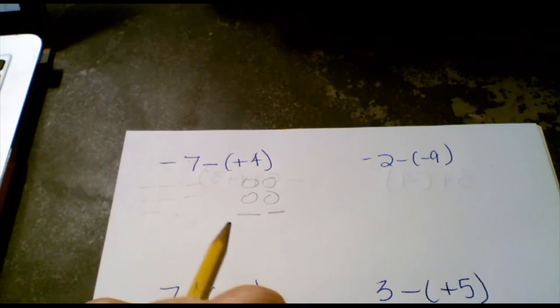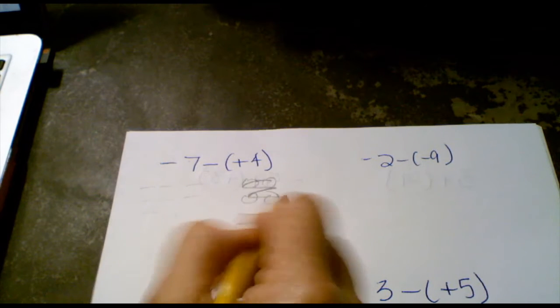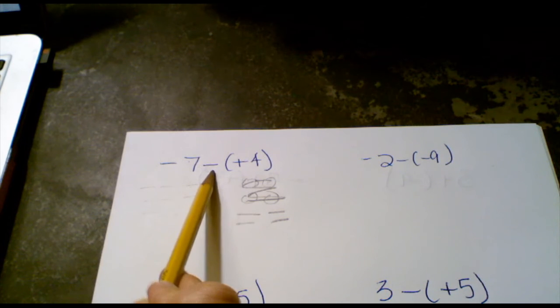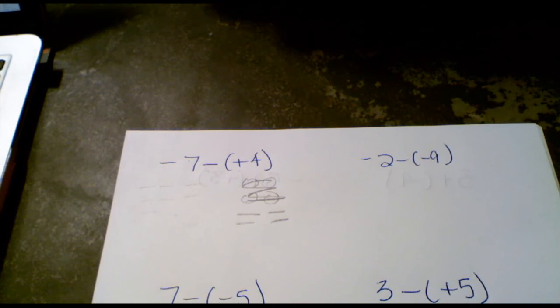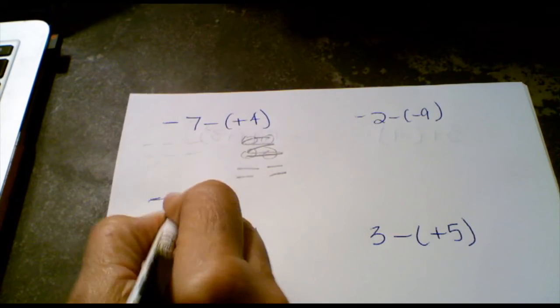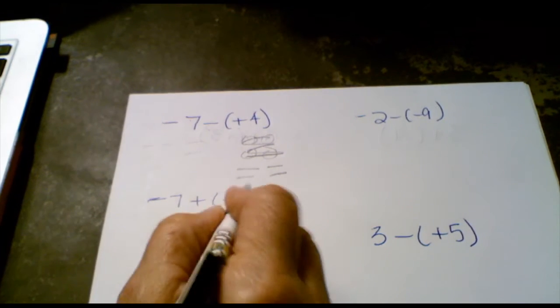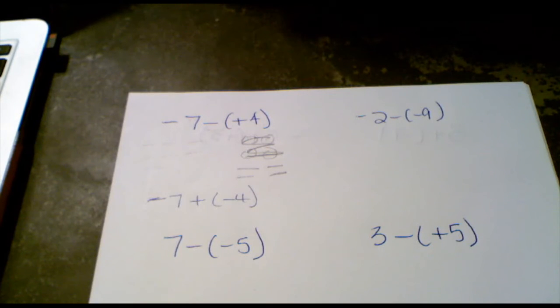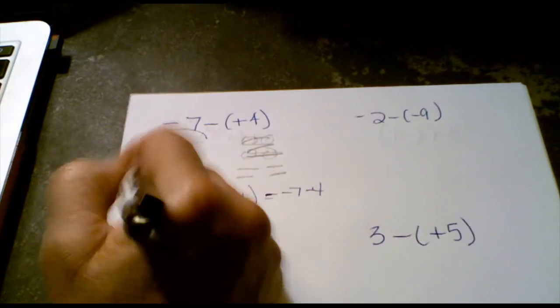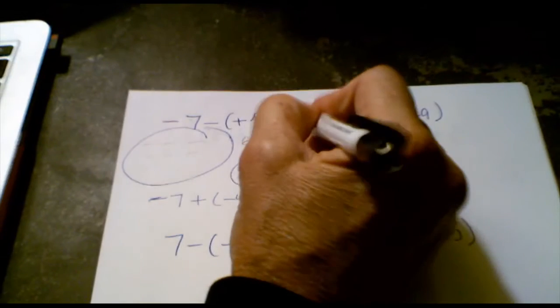I'm going to bring in some negatives, which gets rid of those. Now I have to change that sign and that sign. So now this equation becomes -7 plus -4, because everything is the same now.